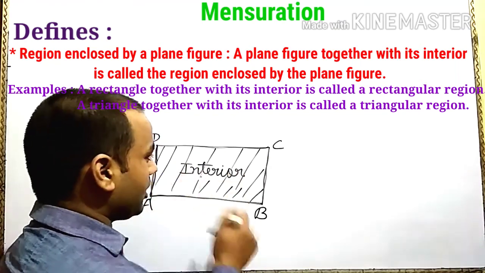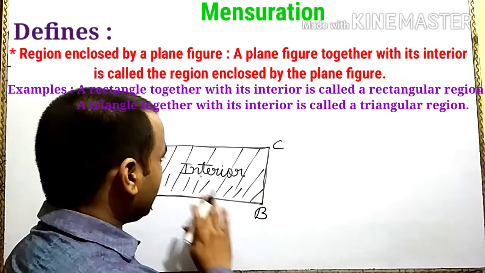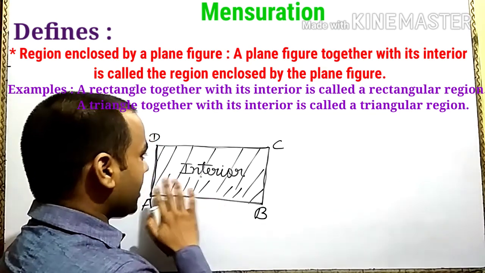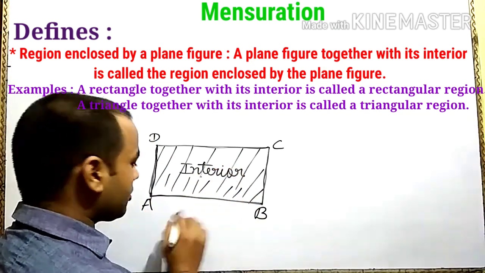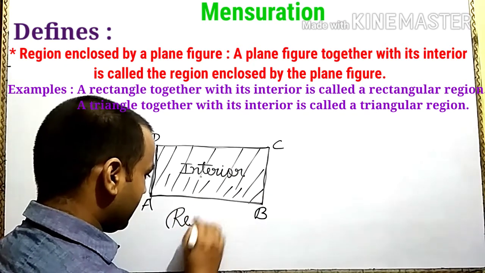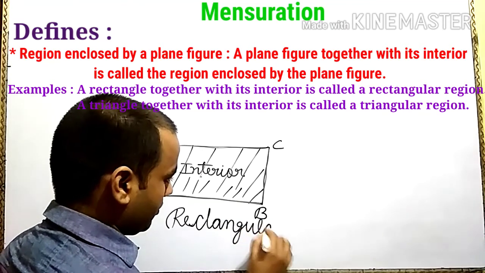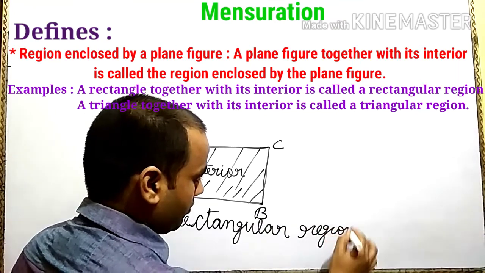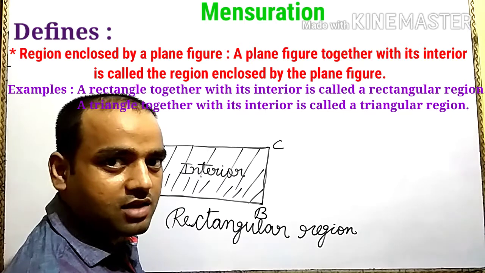This plane figure together with interior is called region enclosed by plane figure. For example, this figure is a rectangle. So this region is called rectangular region. Is it clear? Now let us discuss next define.